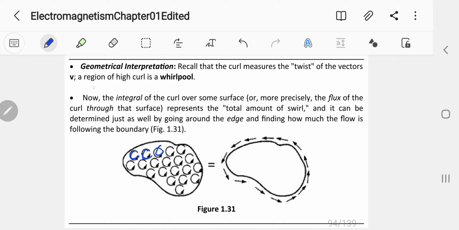A region of high curl is a whirlpool. So in this case, you have small curls, and those will have an effect on the boundary, and the boundary also moves this way here as an effect of the small curls. So the small curls have an effect on the boundary here.